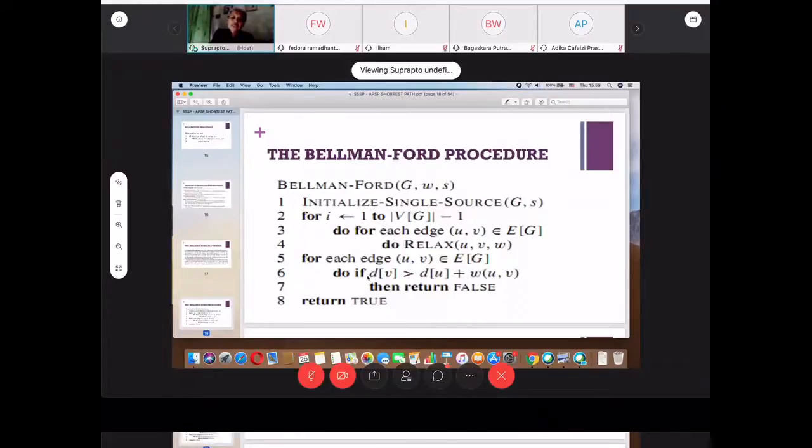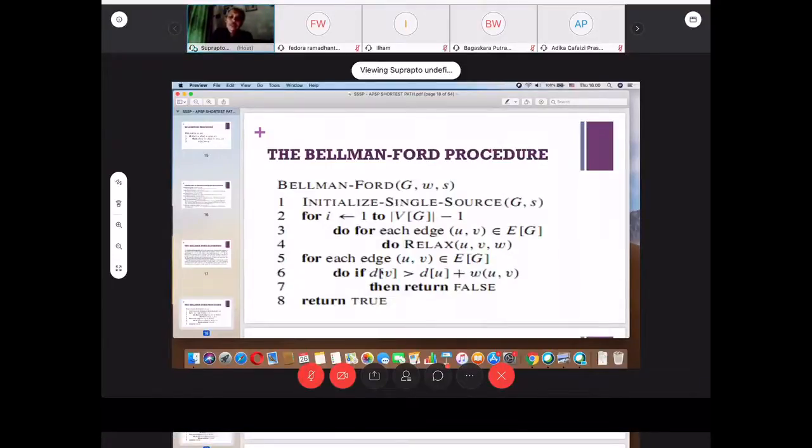If there is one edge that makes this condition true, right? Because this loop is for each edge in the graph, and when we check a certain edge, if this condition is true, then the return value is false. And that's it, terminate. There is no solution.